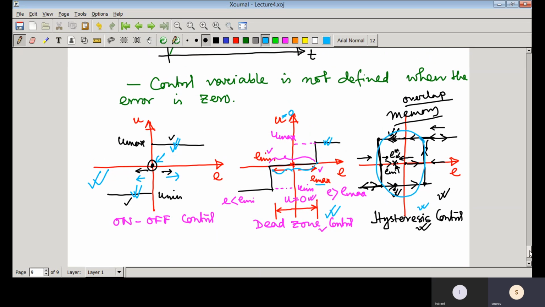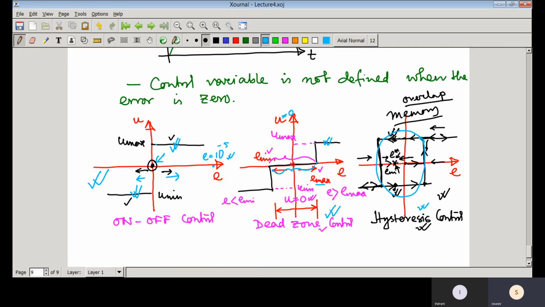In case of on-off control, you can see here, if a little bit of error occurs, say suppose the error is very small, say 10 to the power -5, very small, even then the control input immediately jumps to U max.